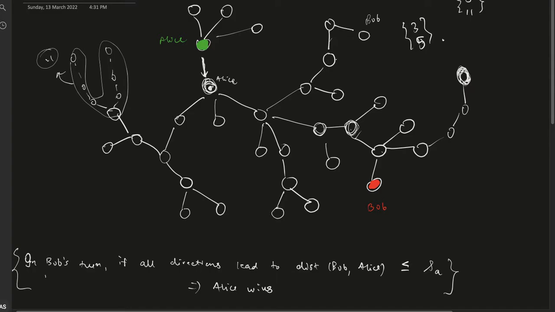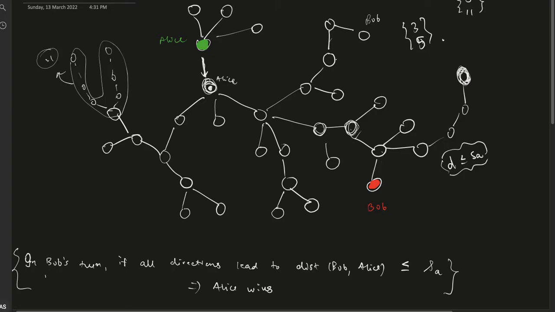If ever we reach a state when it's Alice's turn and Alice is present within a distance less than or equal to stride A from Bob, then Alice will always win, because in that particular step, Alice will be able to reach Bob.